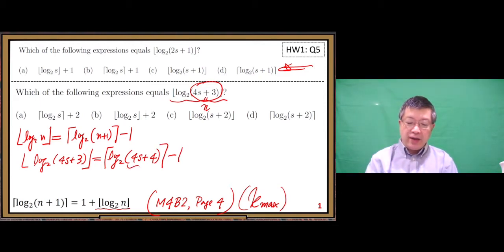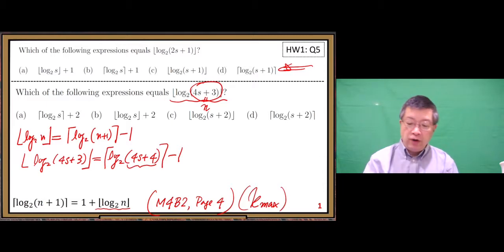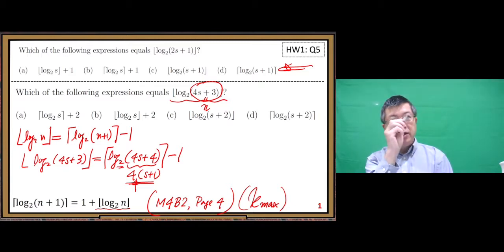All right, so now this is a nice form: 4 times s plus 1, 4 times (s plus 1). This is multiplication, right? Log base 2 of a multiplication.